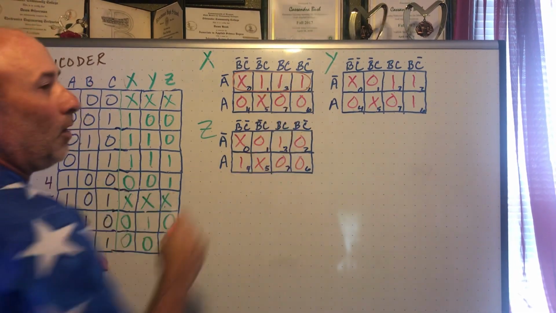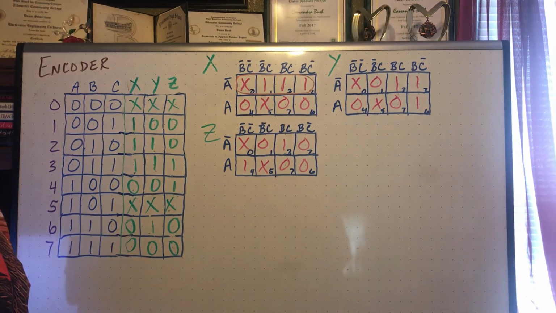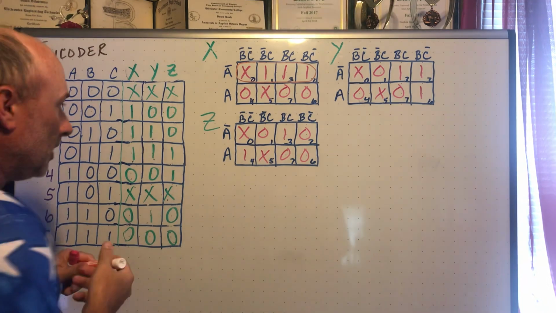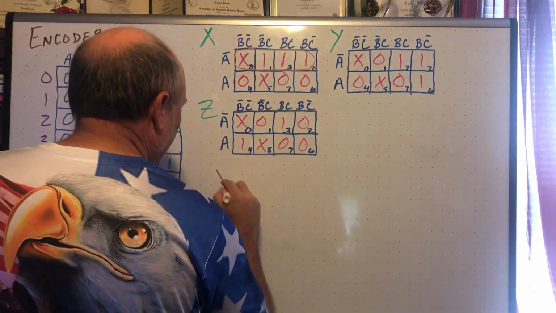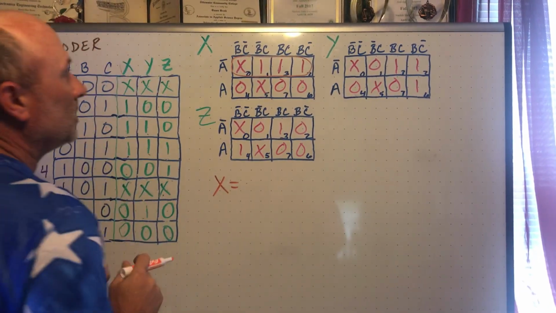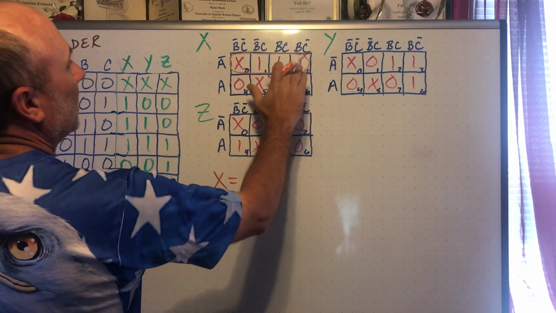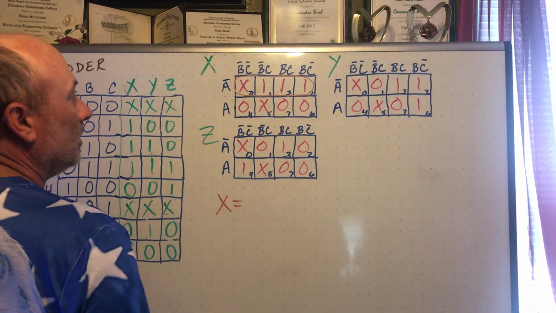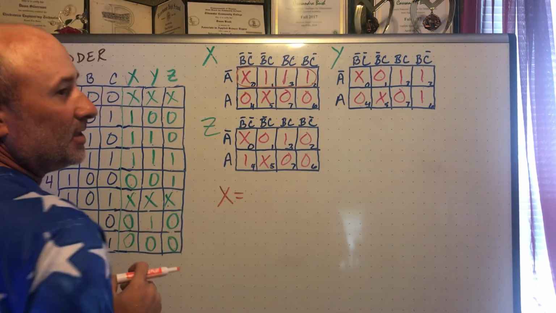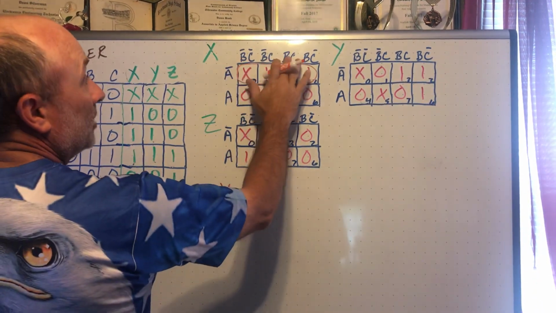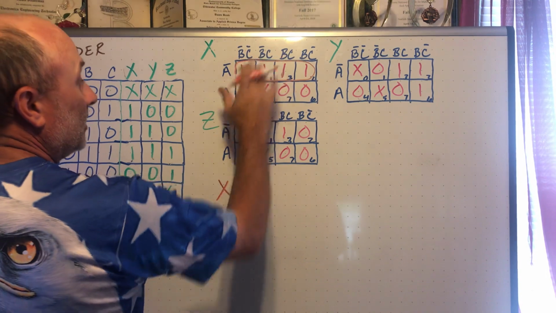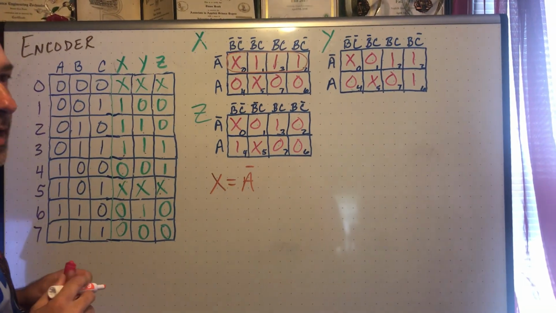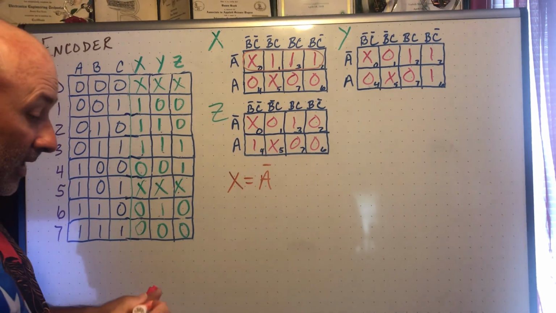Now I've used up all my 1s, so I can get no more groups. So X is equal to... I look at this group and ask, what doesn't change? The only thing that doesn't change is A naught, because B naught changes to B and C naught changes to C. So X is equal to A naught, and I'm done with that K map.